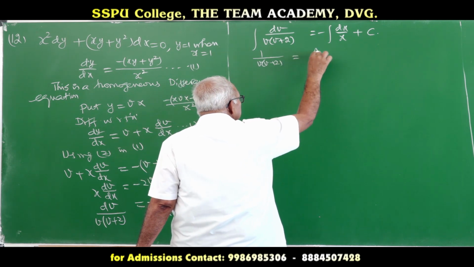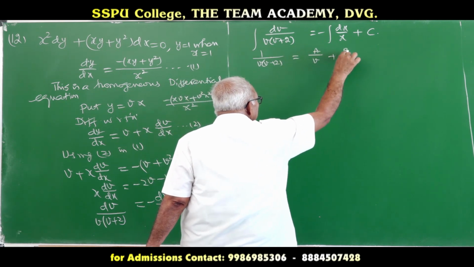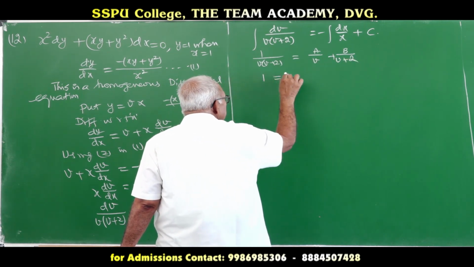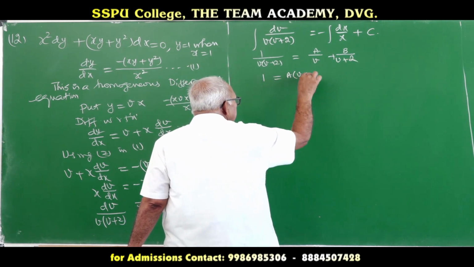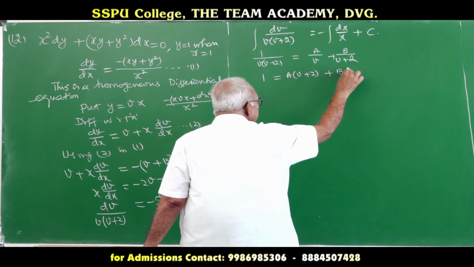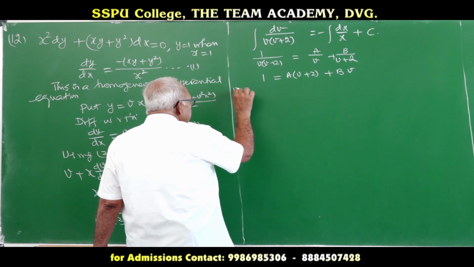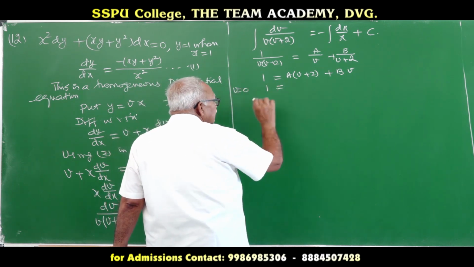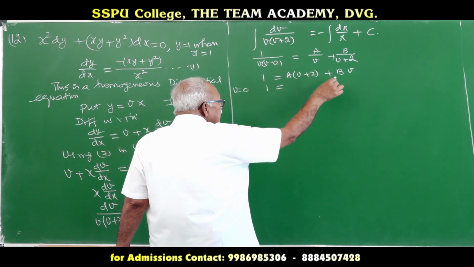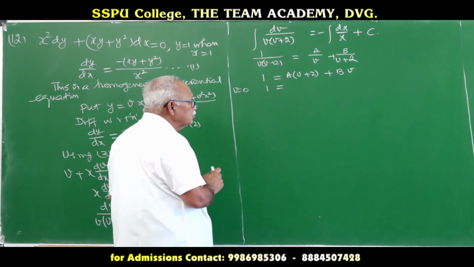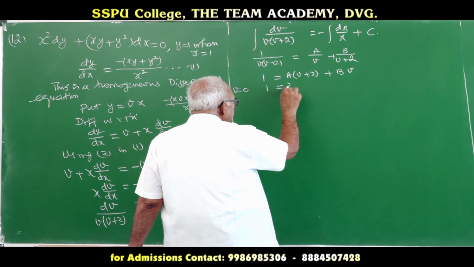What is this? A by v plus b by v plus 2. 1 is equal to a into v plus 2 plus b into v. So, when you put v is equal to 0, this is 0 and you get 2a.